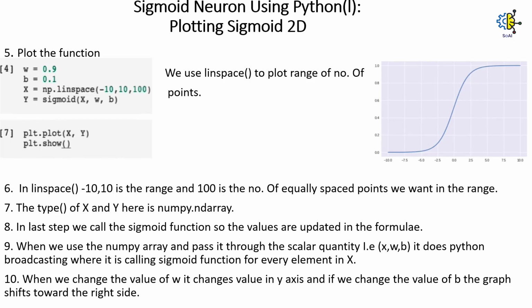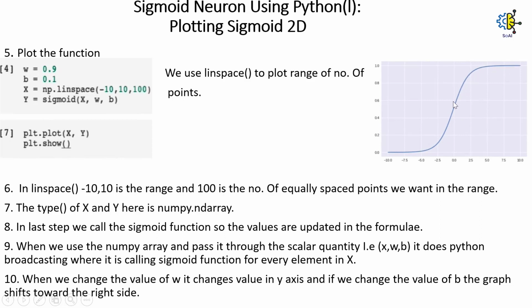The linspace function takes parameters -10, 10, 100, and y is equal to the sigmoid function with three parameters x, w, b, and then plt.plot(x, y). After that, the plt.show function.